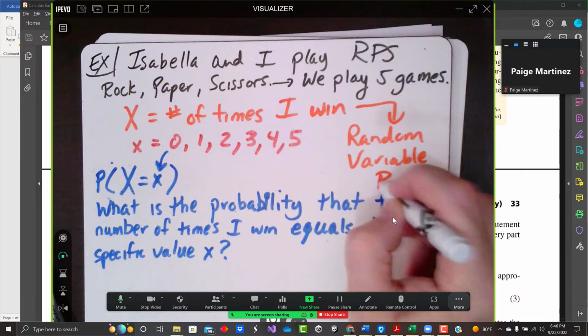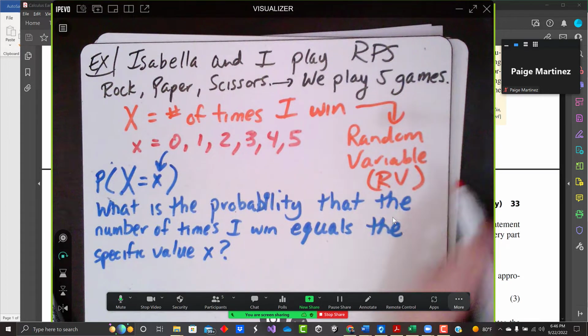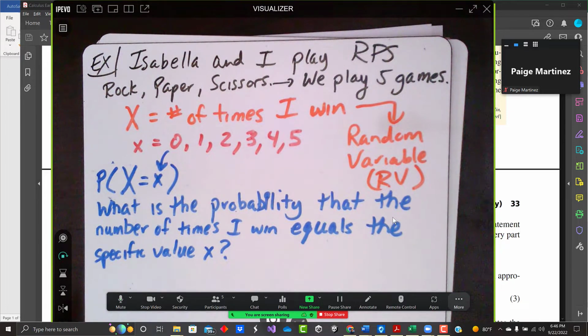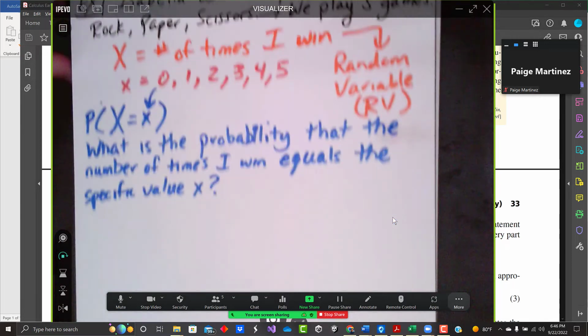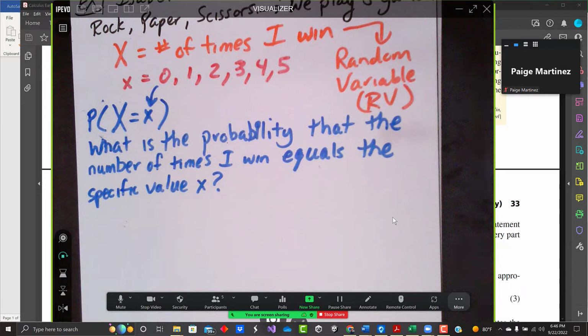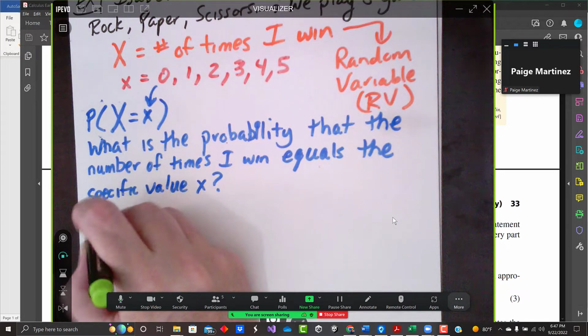You will see me abbreviate that as RB from time to time because we'll say it enough. So we call this a discrete probability distribution.